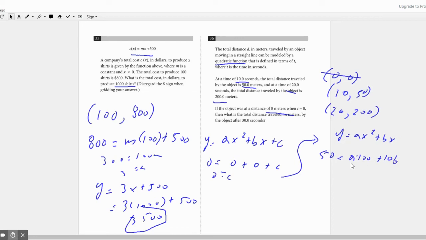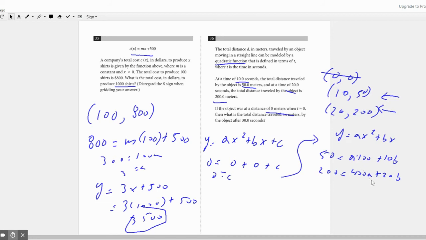And then 200 equals 20 squared is 400, so 400a plus 20b. All we're doing here is plugging in these two coordinate points. That's all we're doing to get these.